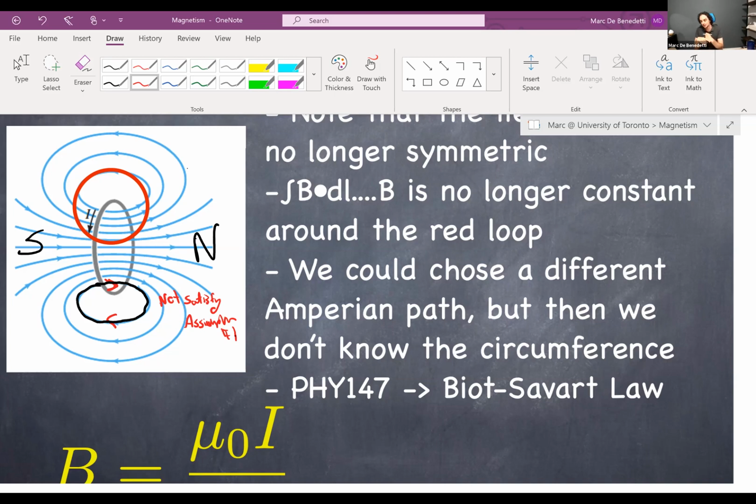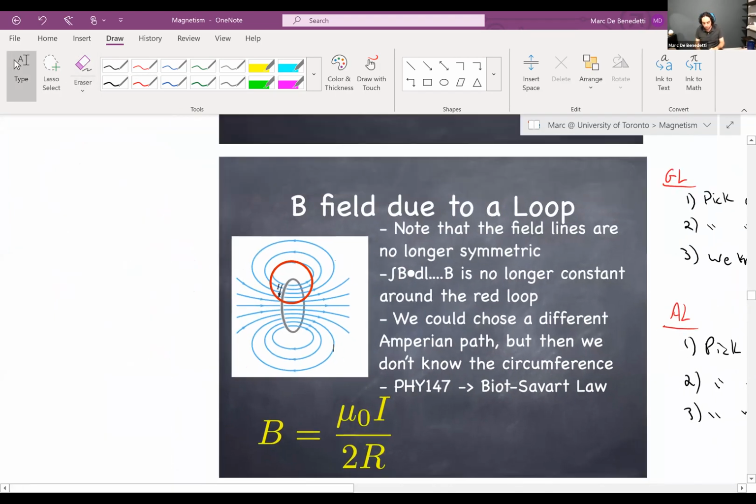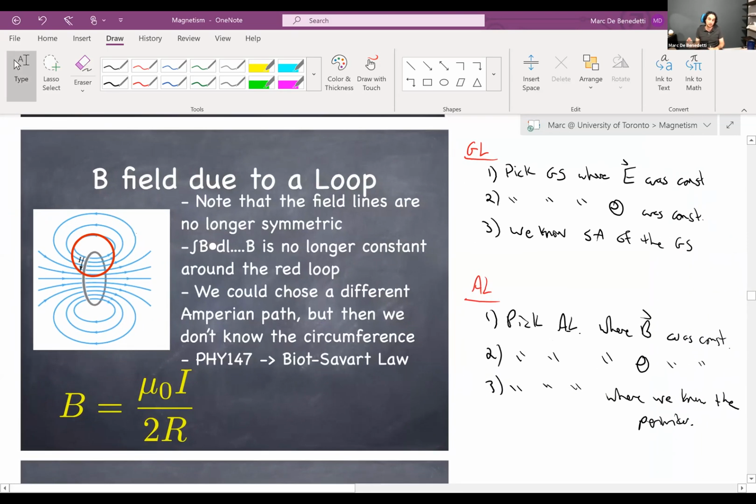That doesn't mean Ampere's law is wrong. It just means it's not useful. Now, how do we obtain a formula then? Well, if you were in Physics 147, the calculus-based physics course, or let's say Physics 152 downtown, they would introduce some calculus, and there's something called the Biot-Savart law, which is equivalent sort of to Coulomb's law for magnetism.